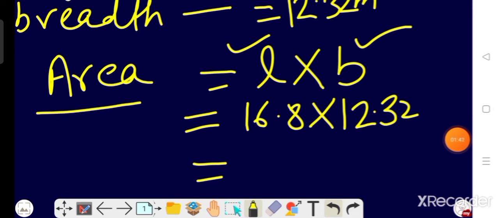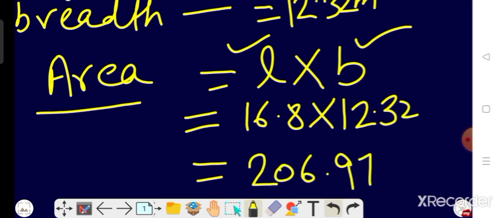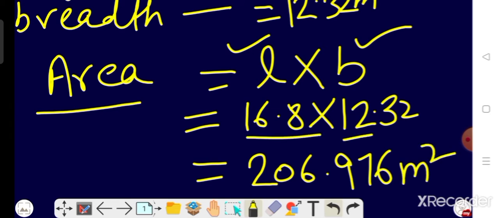Area of the given field, and that is equal to 206.976 meter square. When you multiply 16.8 by 12.32, you will get 206.976 beta. Okay, so this is the solution of your first question.